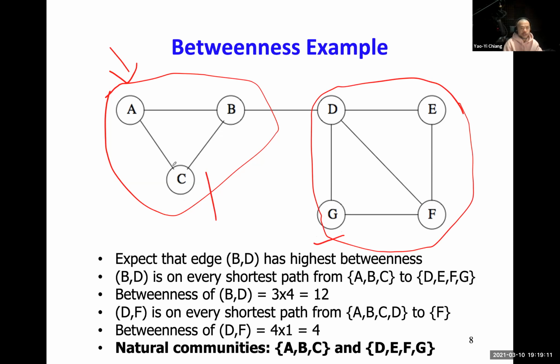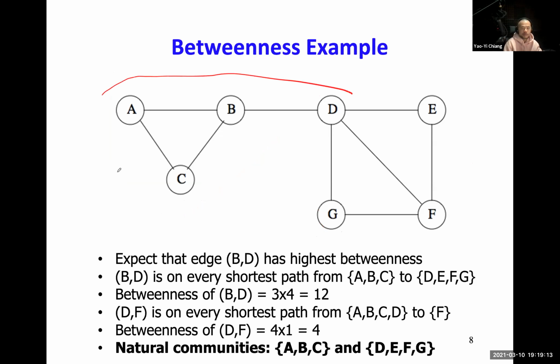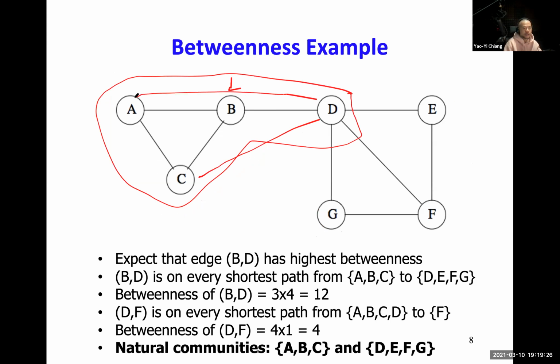So think about this. If you just include D, this is less connected, right? Because D in this community only connects to B, but not A and not C directly. So we don't want it. If we add these two edges, it becomes a good connection.